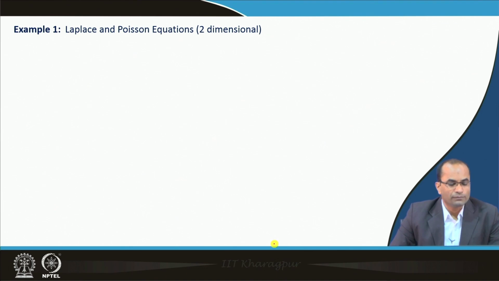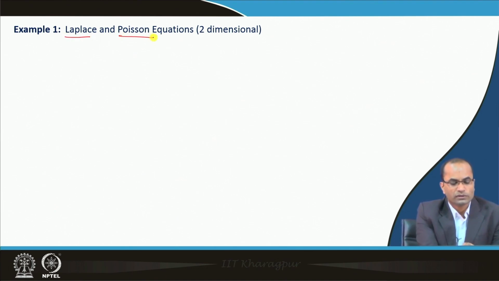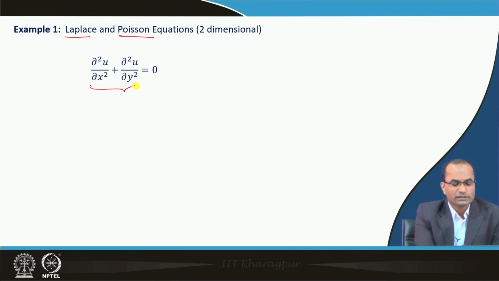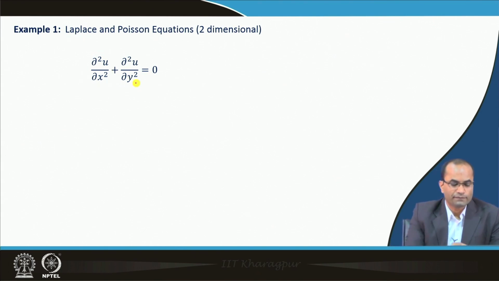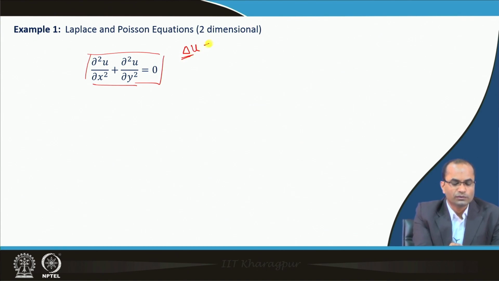So, coming to the examples, the first example we are stating here is the Laplace or the Poisson equation. This equation is called the Laplace equation, where we have the second order derivative with respect to x, and here the second order derivative with respect to y, adding to 0. Sometimes this is defined in terms of the Laplace operator, Laplace u equal to 0.